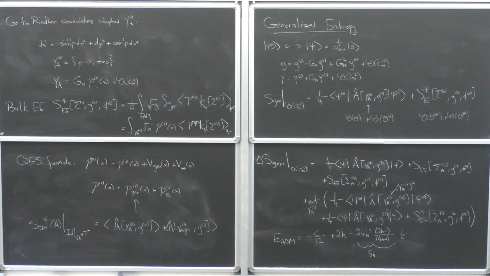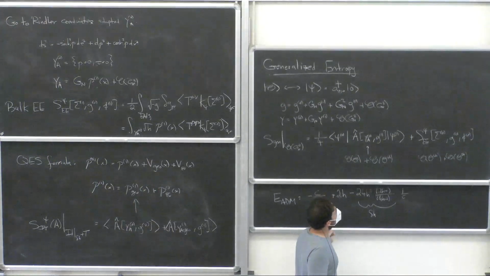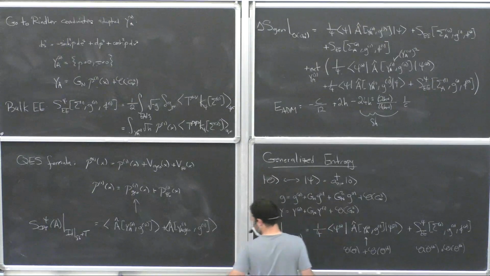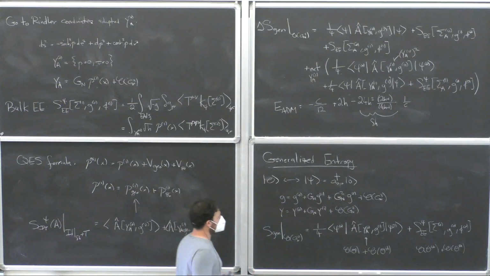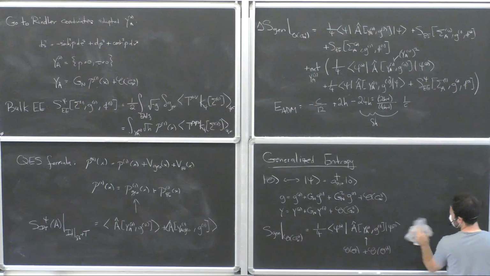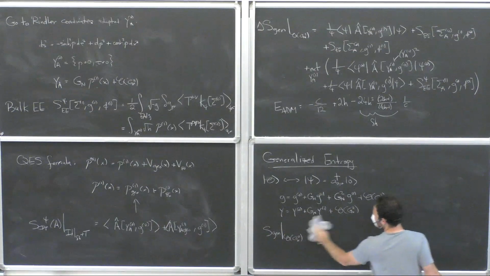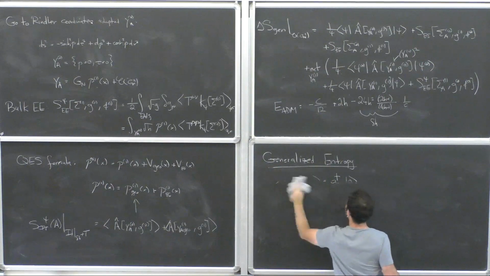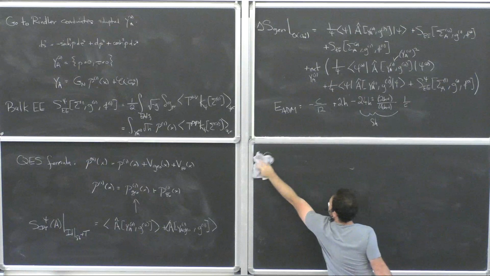Okay, so let me conclude before Simon kicks me off. So we unpack this quantum extremal surface formula and actually construct a dictionary between contributions in the bulk and contributions in the CFT, and we seem to find that it's actually possible to do that, which was very surprising to us.